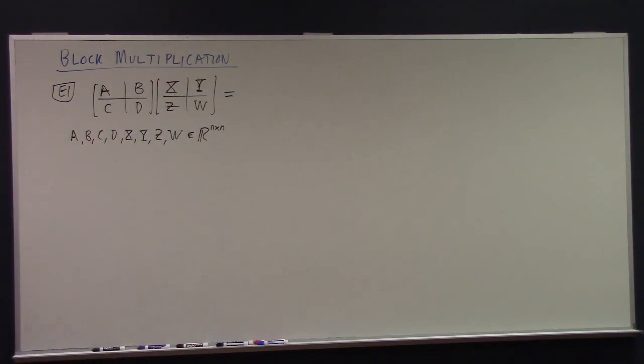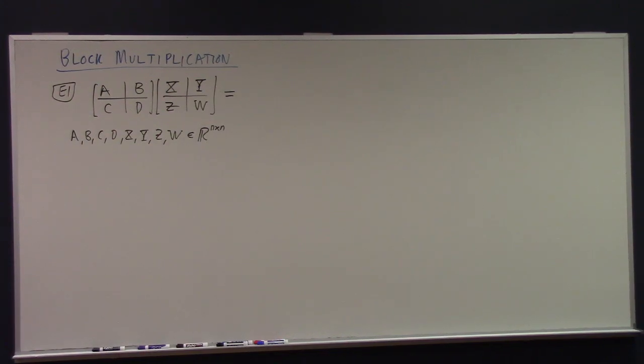Not numbers, but matrices. It turns out that you can multiply matrices like this, simply behaving as if the matrices A, B, C, D, X, Y, Z, W are themselves numbers.